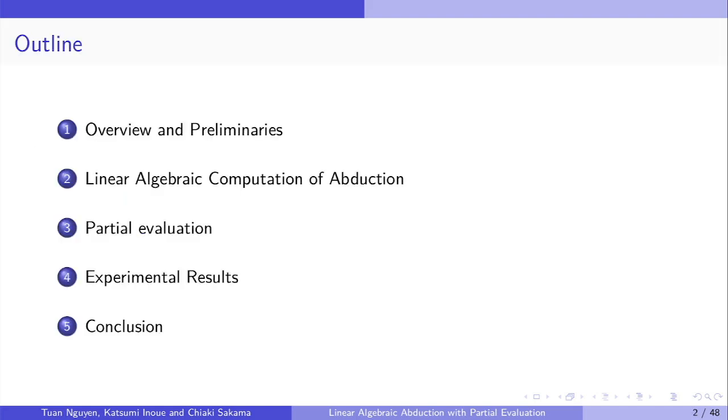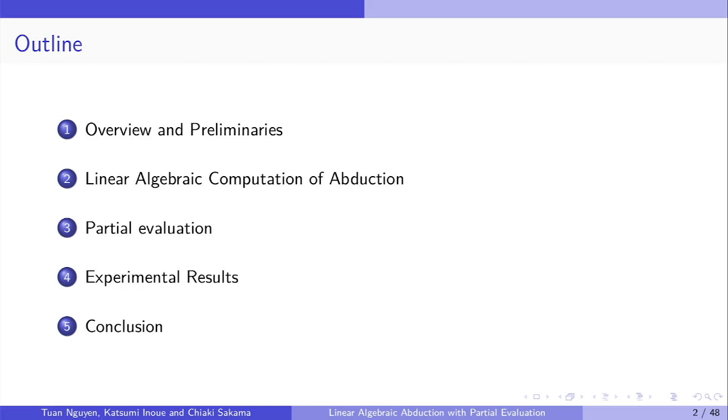My talk today is divided into 5 parts. In the first section, I will give an overview of the propositional Horn abduction problem and some definitions that we use throughout the presentation. In the second section, I will quickly give an overview of our method, linear algebraic computation of abduction.